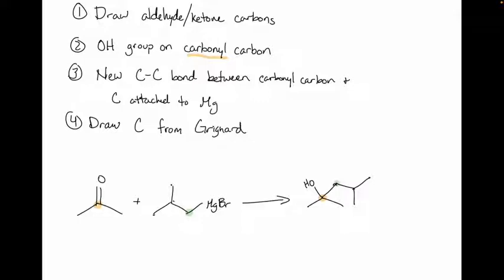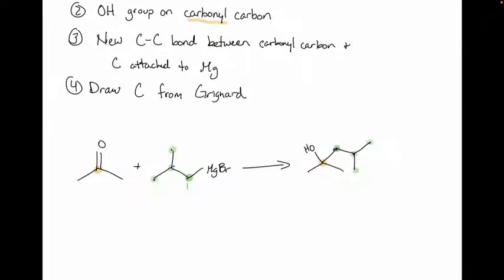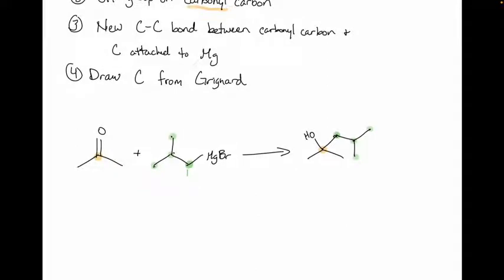It looked a little weird to me, but nonetheless I can convince myself: 1, 2, 3, 4. 1, 2, 3, 4. And if you want to go further, there's where that branch point is. 1, 2. All right, I'm good. So there is my Grignard product that I would get.